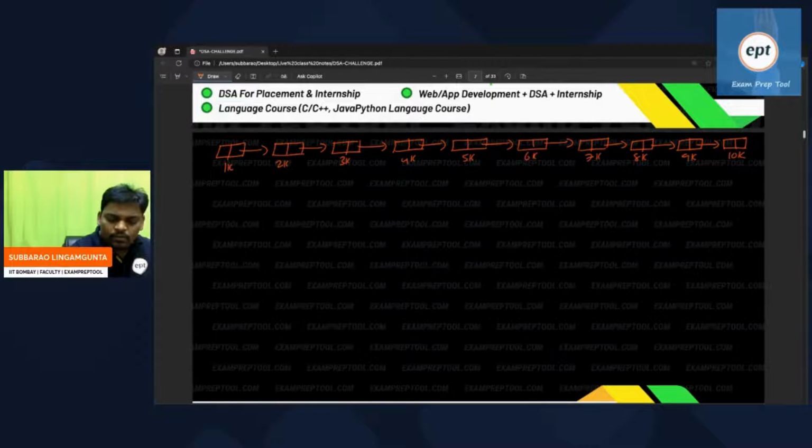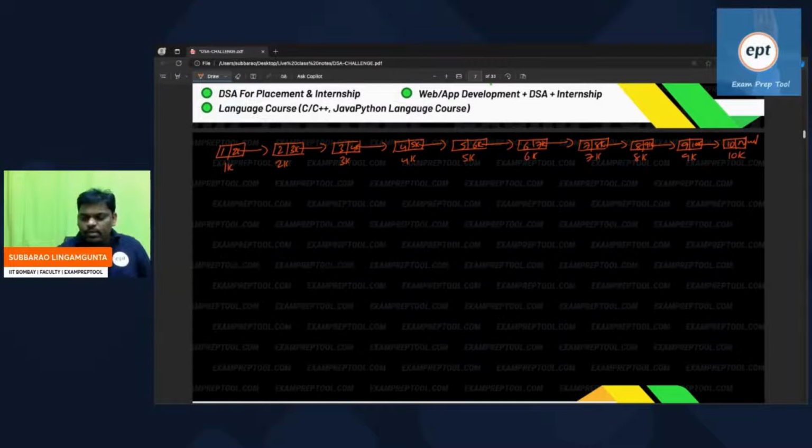Let us assume that here it's 1, 2, 3, 4, 5, 6, 7, 8, 9, 10. This is null. Careful everyone. So it is a 2k. You know very well how a linked list looks like. 3k. It's a 4k. It's a 5k. It's a 6k. It's a 7k. It's an 8k. It's a 9k. It's a 10k. Lastly null.